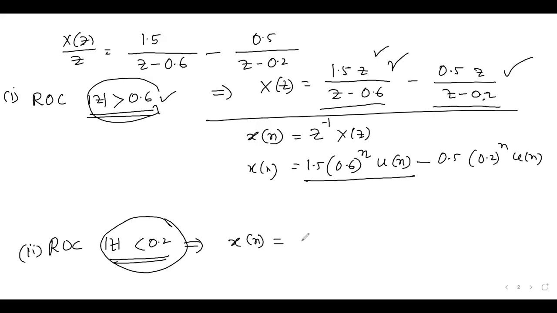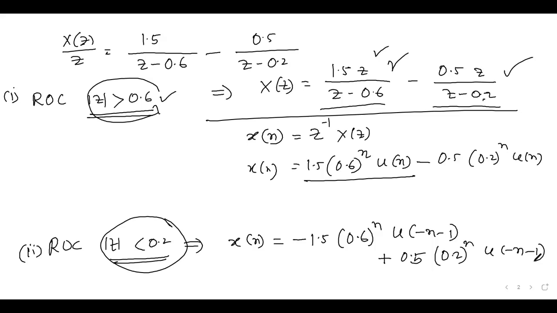So it will be minus 1.5 times 0.6 to the power n u of minus n minus 1. And what about the second portion? It will be plus 0.5 times 0.2 to the power n u of minus n minus 1. All right, is it clear?